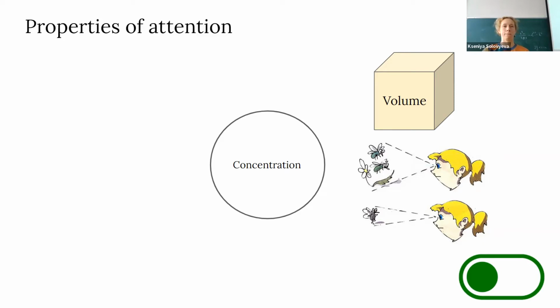Why is it different from person to person? It's quite a complex thing, but you can train your attention. And at the end of the lecture, I'll tell you about deconcentration. It's a technique for training the volume of attention, when you can pay attention to many subjects.